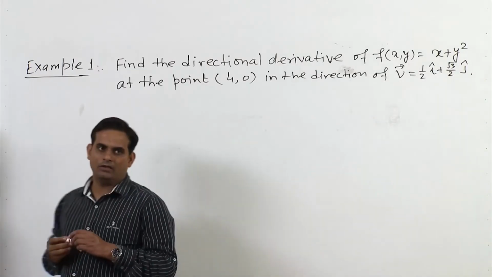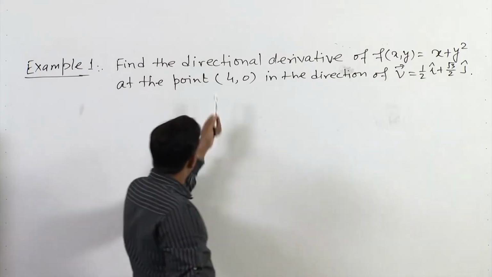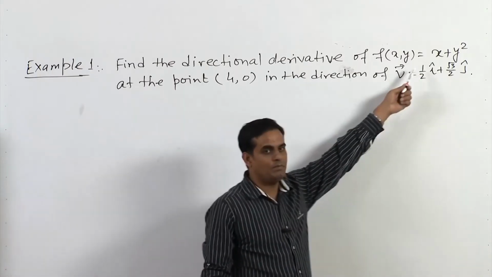So basically we need to find out the rate of change of this function at this point in the direction of this vector.